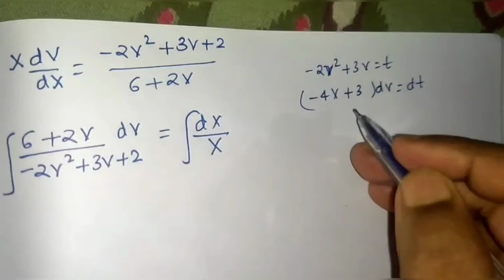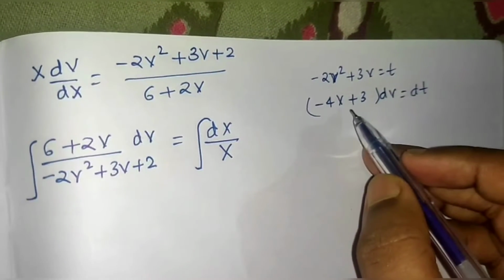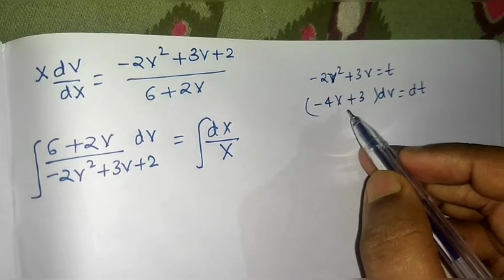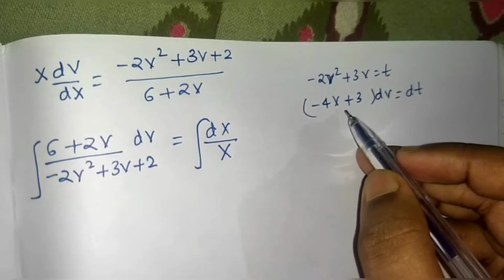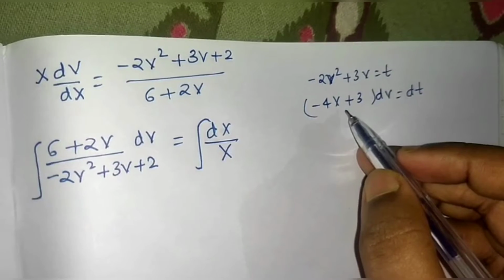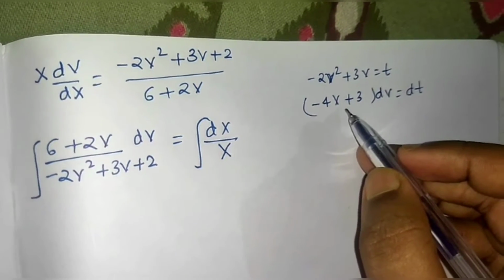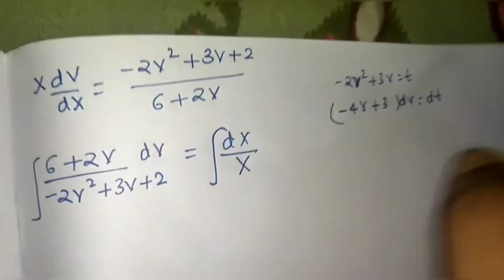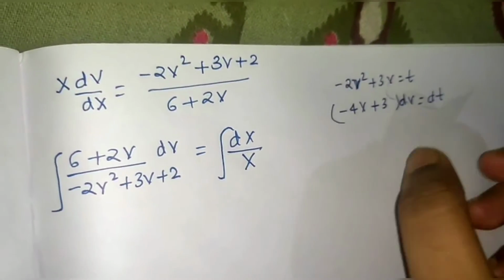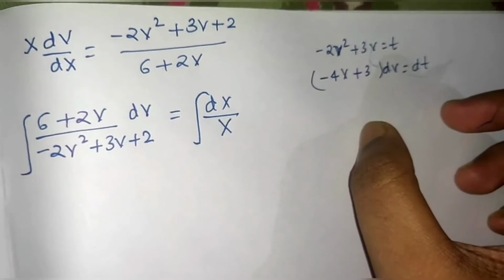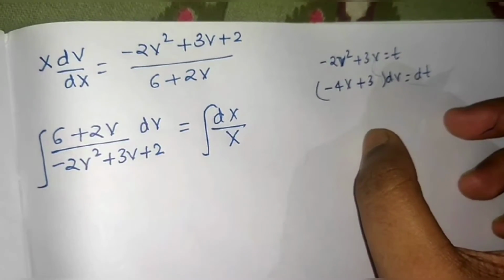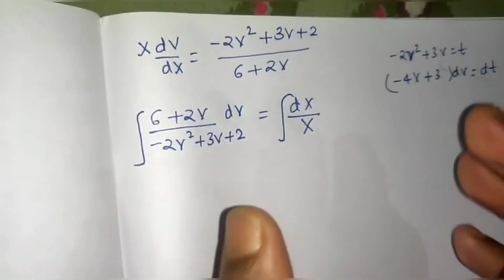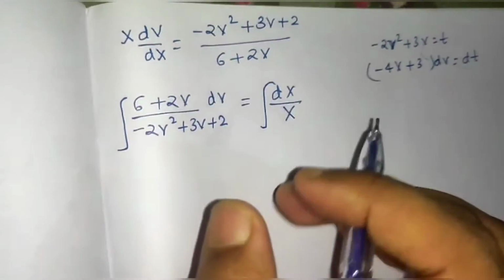So minus 4v plus 3, okay, and so I am not getting anything good. So let me go for partial fraction only. That's the only option left now. So I am stopping this integral portion now.